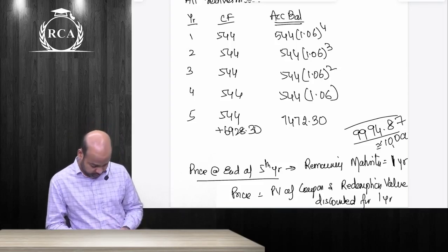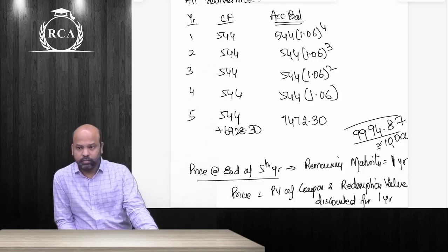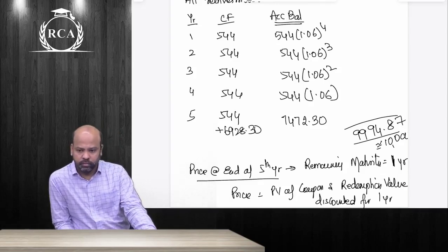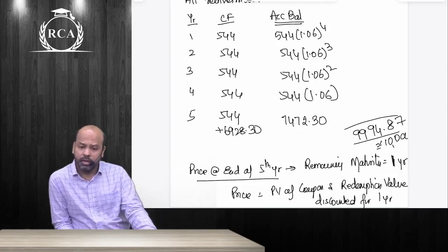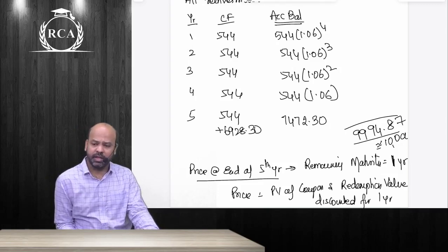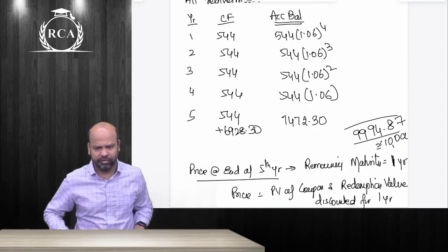That is not going to change. Consider interest rate to be 10%, guys. Now your reinvestment income will increase, but the price that you will fetch at the end of 5th year will reduce.